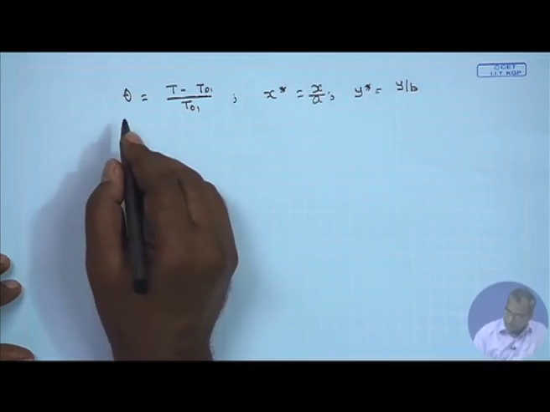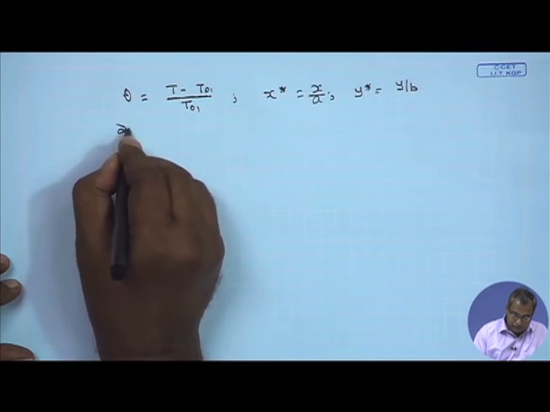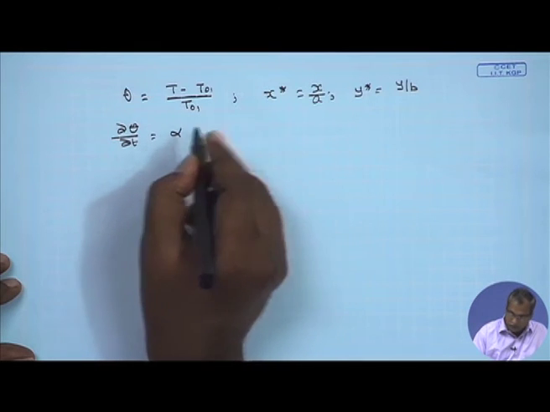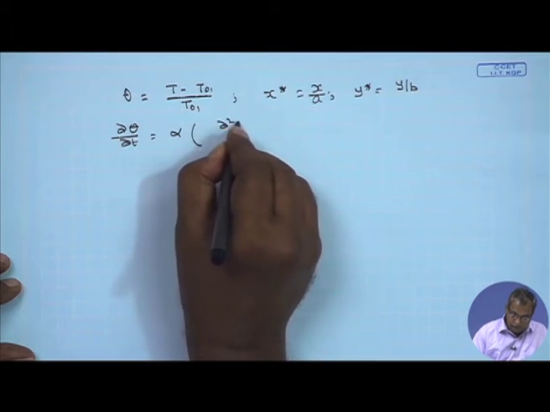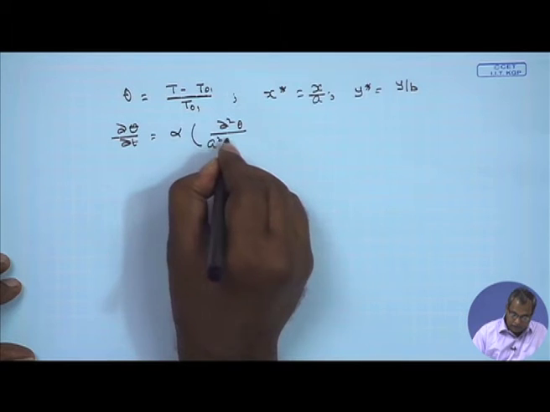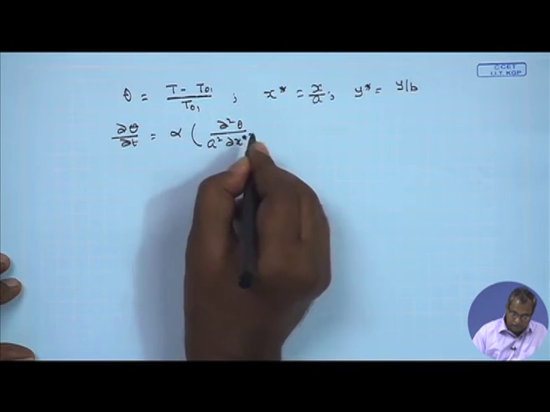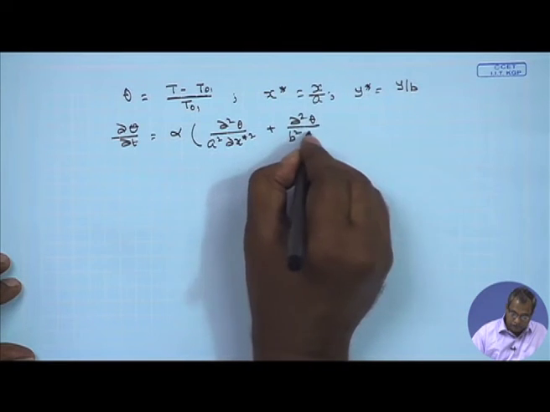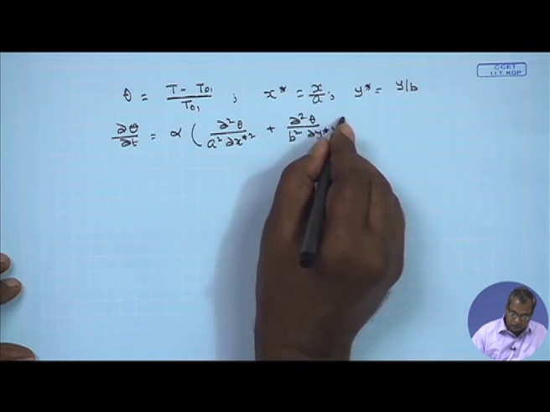So, if we do that, we will get del theta del t is equal to alpha times del square theta del x star square plus del square theta del y star square.